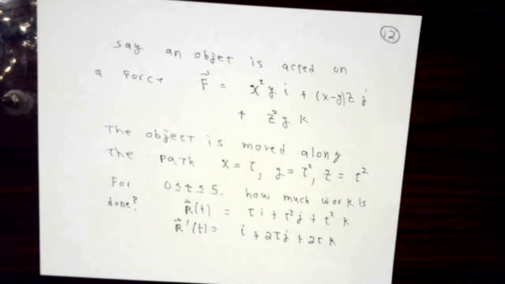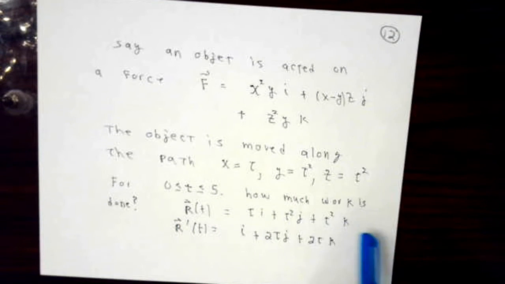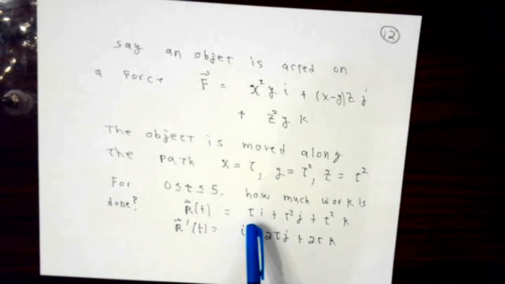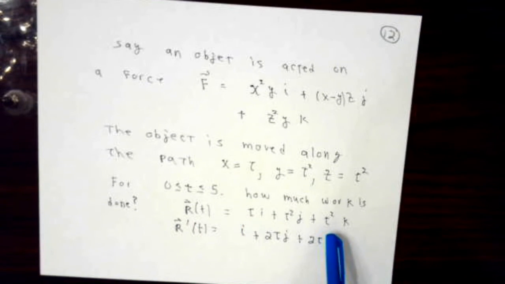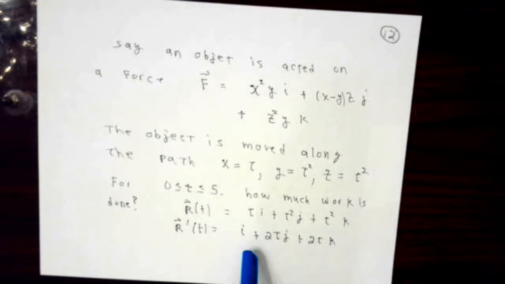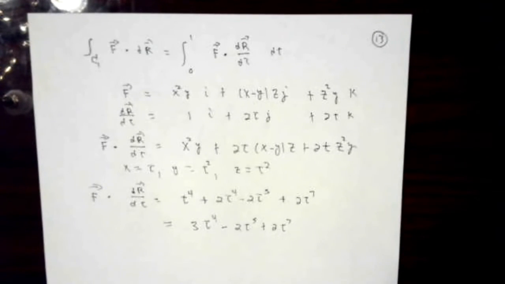If I take my formulas for x, y, and z and convert them back into a vector valued function, x is t, y is t squared, z is t squared, then the derivative of that is 1 times i plus 2t j plus 2t times k. If I want to calculate the line integral, it'll be the integral from 0 to 1 of the force dot product with the velocity vector integrated with respect to time.